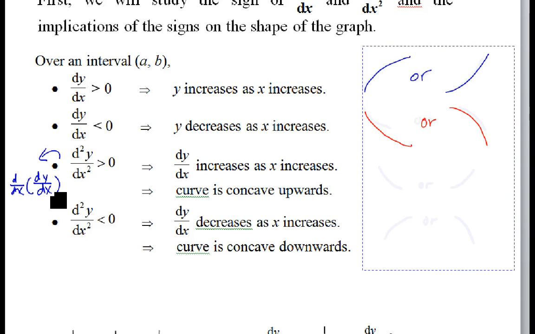Correct? Then you tell me, out of these four, number 1, number 2, number 3, number 4, which one or ones correspond to d2y dx squared positive?